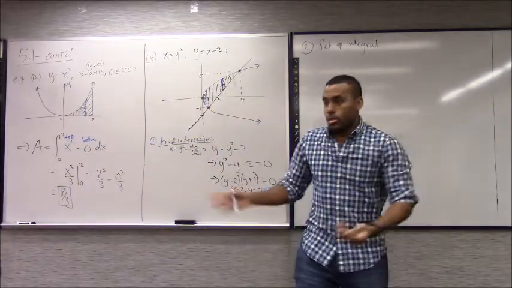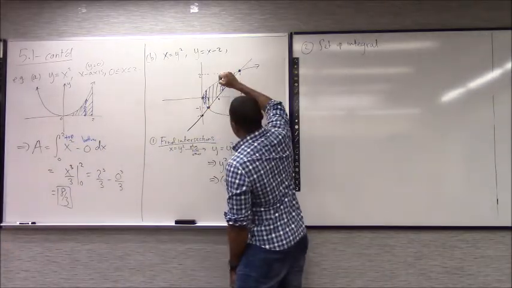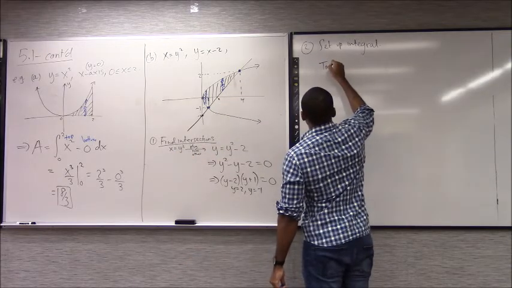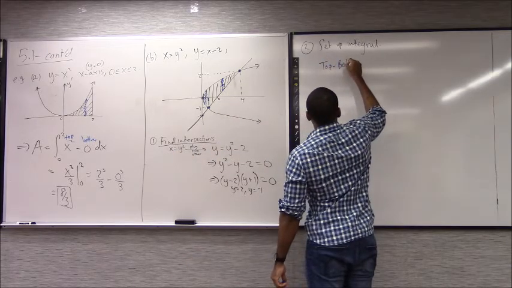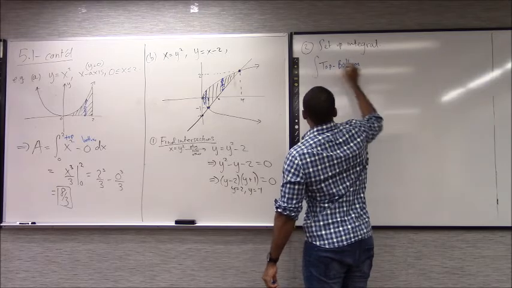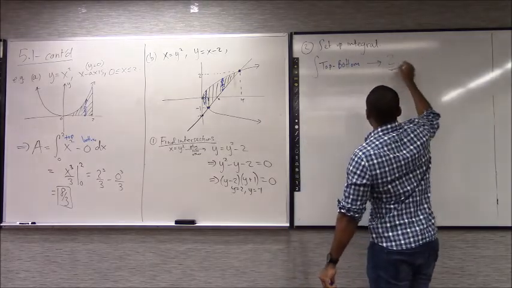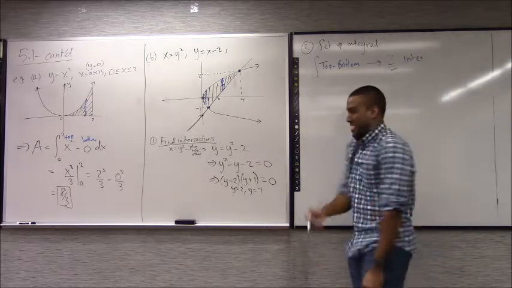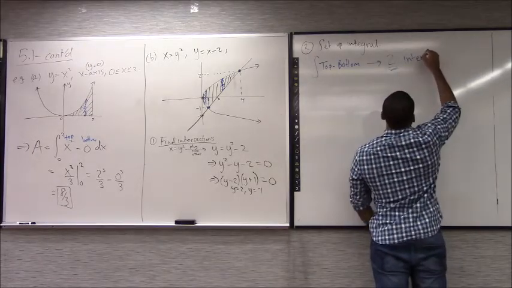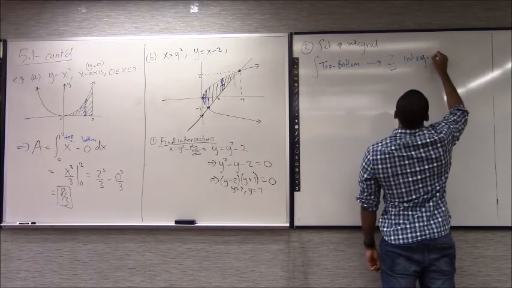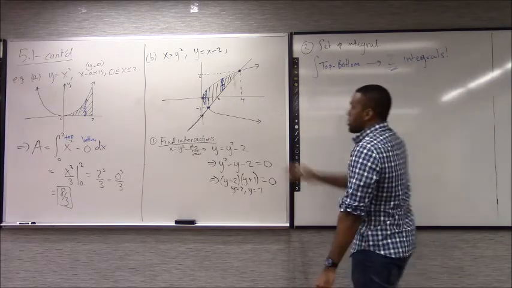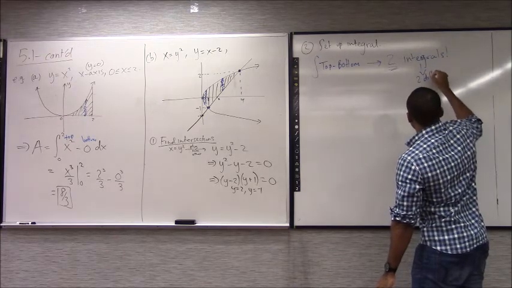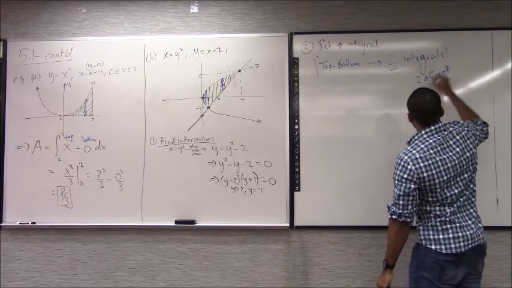So that would require 2 dos integrales. Is that Spanish for integrals? I don't know why I went that far. Yeah, integrals. Because the bottom function changed. We had 2 different bottom functions.